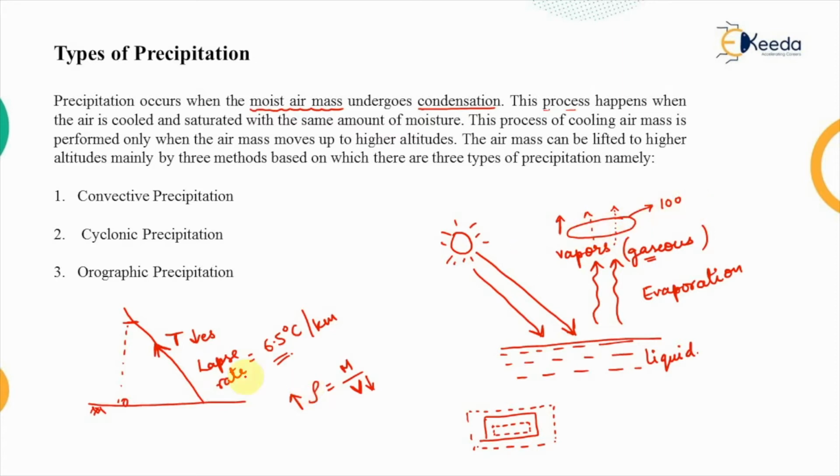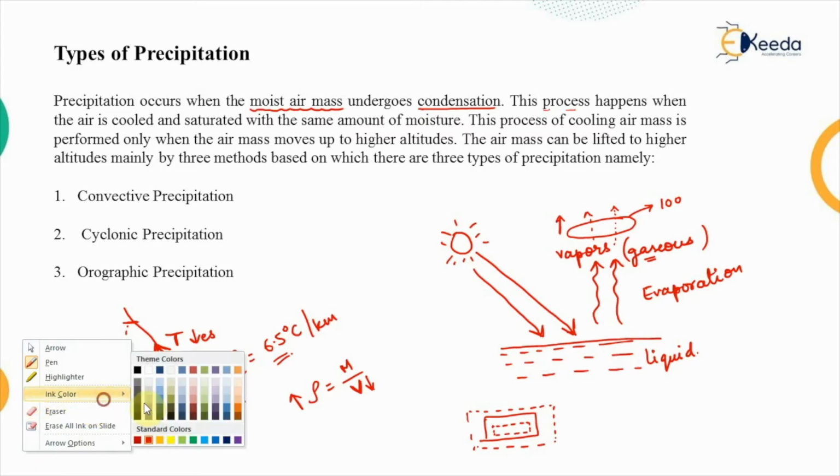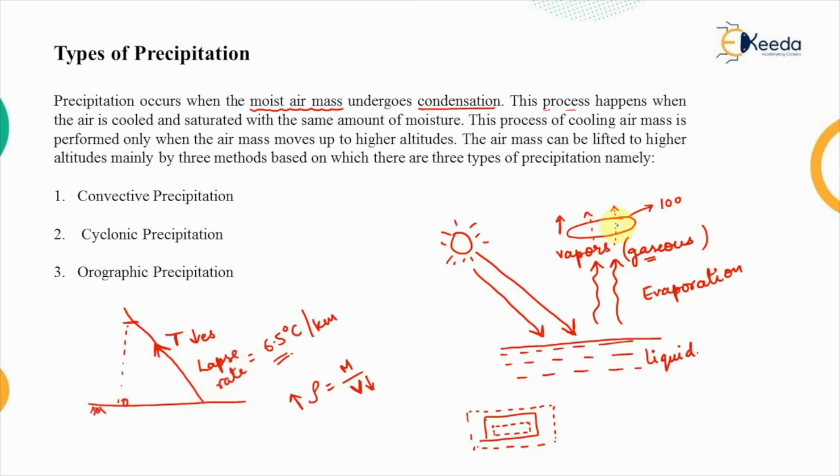Because of this decrease in volume, the packet will get contracted and its capacity will be reduced. Let's say the capacity is now 90. That means 10 units of the vapors are extra.